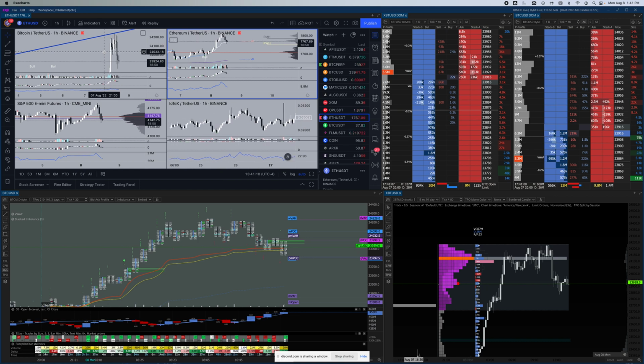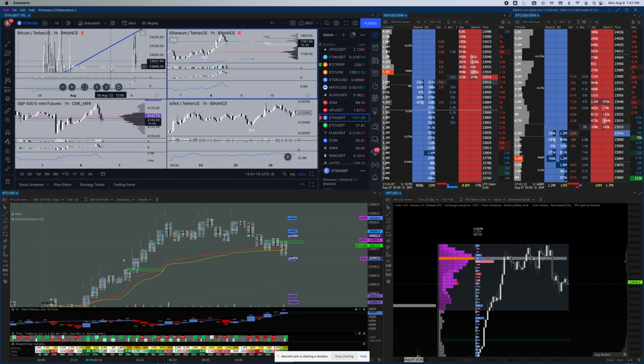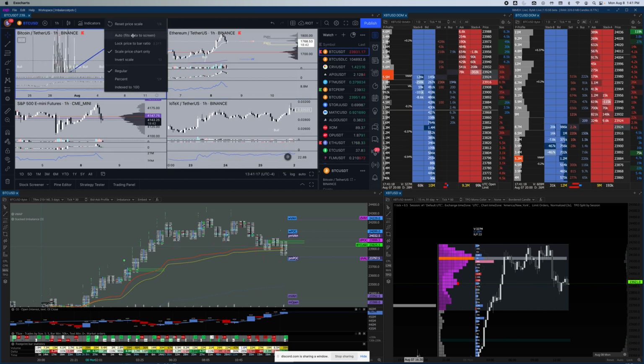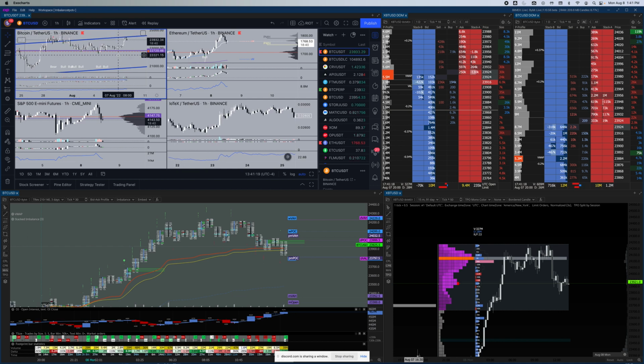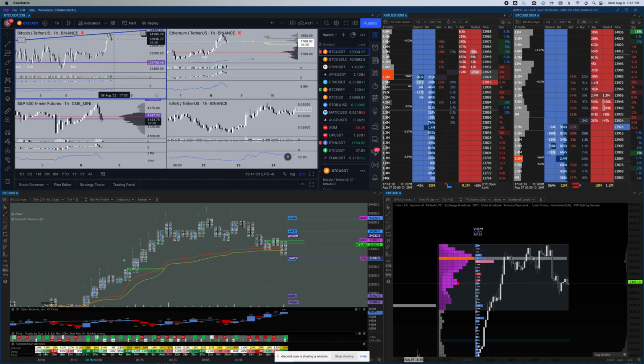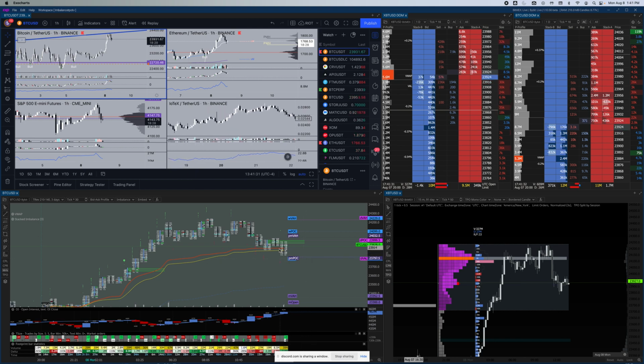Unless buyers kind of step in, we're still in this kind of really not fun area where we haven't quite broken down enough from this trend line in this area, and so we could still easily reclaim it. We're still above the last month's POC. We're still above VWAP.